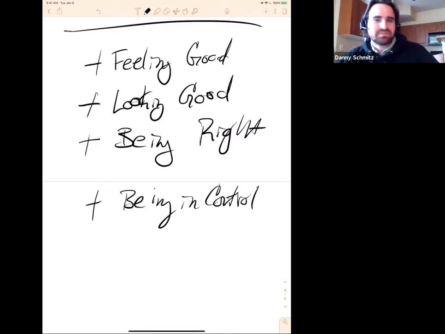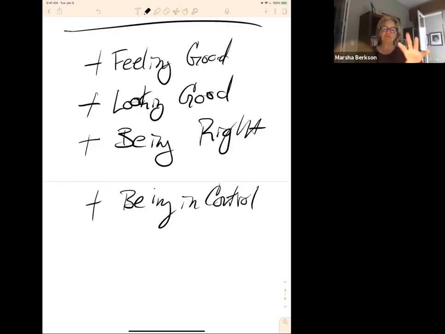Marcia? So, it's funny. I was going through and I go, yeah, I'm feeling good. Positivity, of course, right? Looking good. I'm a workout fanatic, totally. And I was debating about being right and being in control. I was thinking about control, but I really realized it's probably being right, because I want to put out content, and I'm afraid I don't know enough information.